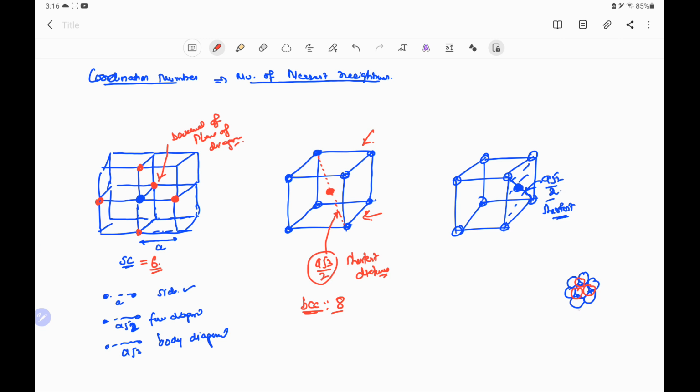Similarly, 3 spheres will be in the downward direction. So in total, to a particular atom there will be 6 in the first layer, 3 in the upper layer plus 3 in the lower layer. That means a total of 12 atoms will be the nearest neighbors. So in FCC, the coordination number will be 12. Therefore, we have to remember that for simple cubic, nearest neighbors are 6, body centered cubic, these are 8, and face centered cubic, these are 12.